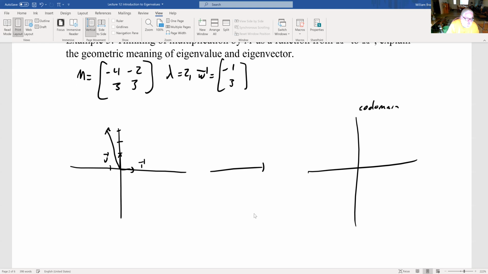So that's my vector W. What happens over in the codomain, we know that MW is just 2 times W, which is 2, -6.